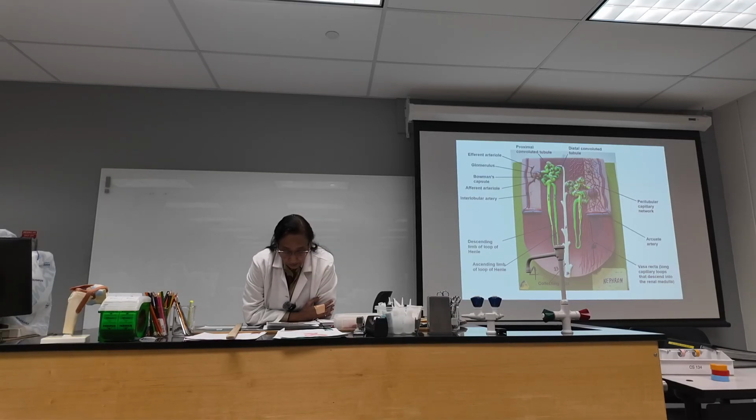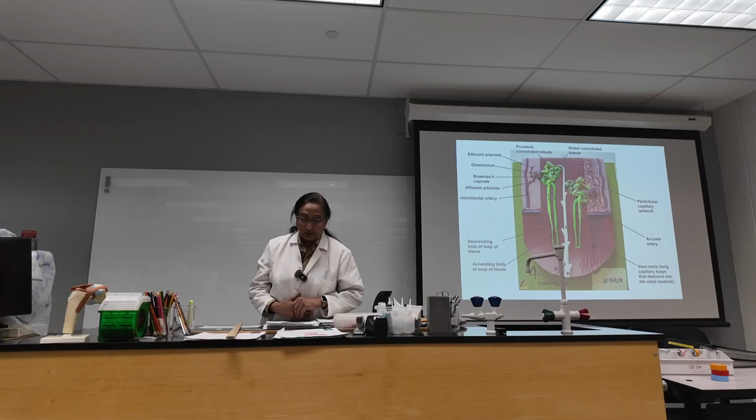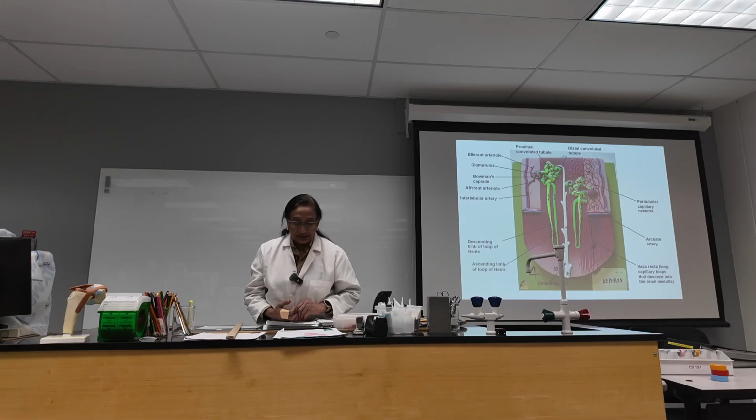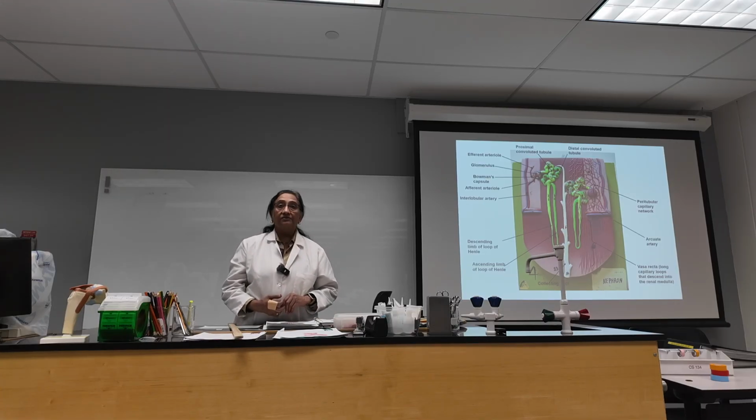Okay, so the middle one, the nephron structure is important. You should have identified all the parts of the nephron: glomerulus, Bowman's capsule, PCT, descending limb, ascending limb, DCT, collecting duct. Afferent arteriole, efferent arteriole.